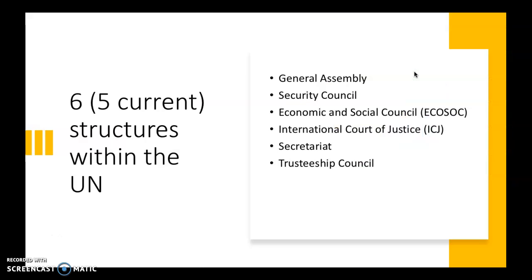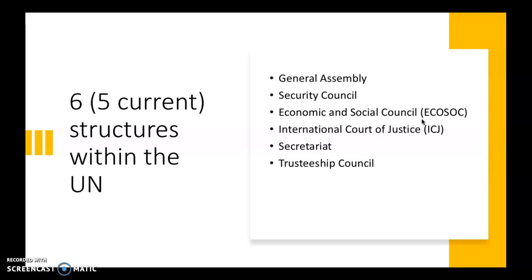So let's try to simplify this lecture by just going over each of the 6 bodies or organs within the United Nations. First, we're going to talk about the General Assembly. Second, we'll discuss the Security Council. Third, we will learn about ECOSOC.